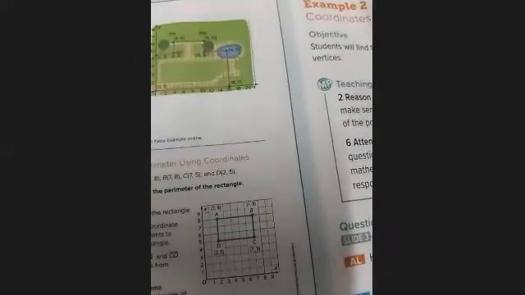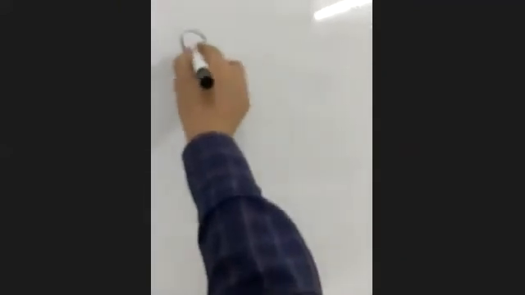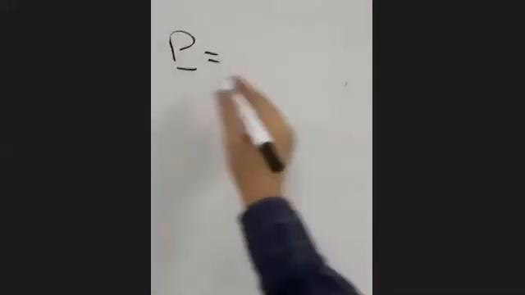Now what will we do, Rayyan, to find the perimeter of this figure in the coordinate plane? We will add all the lengths which we found, right? And I did it here. P equals, so right guys, P equals the sum of all the sides whose lengths we found.